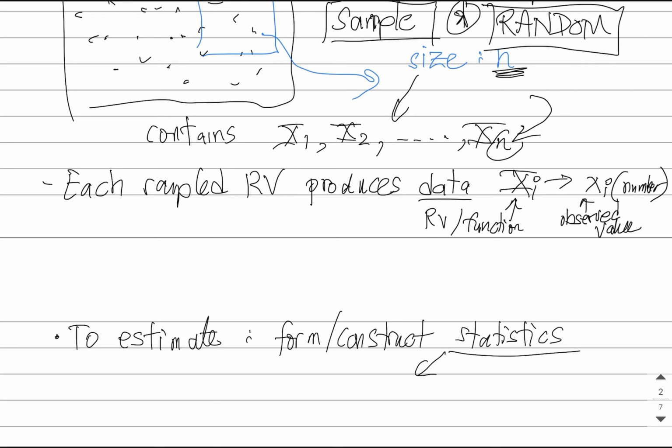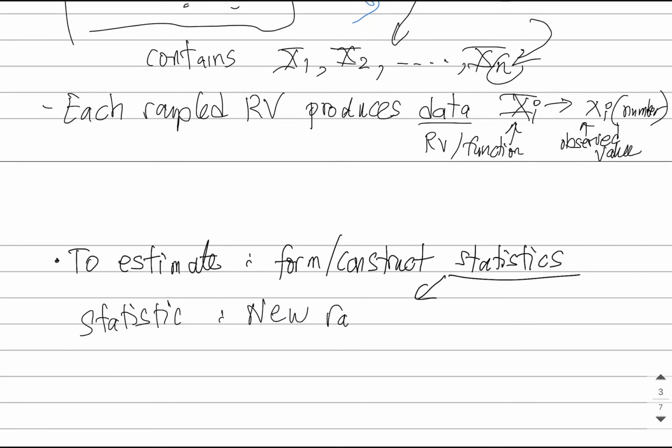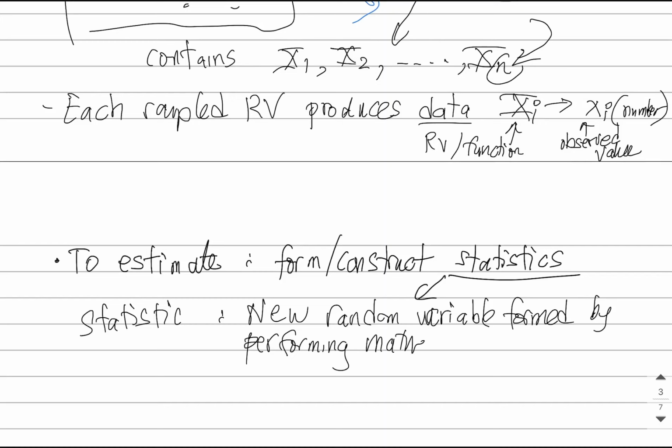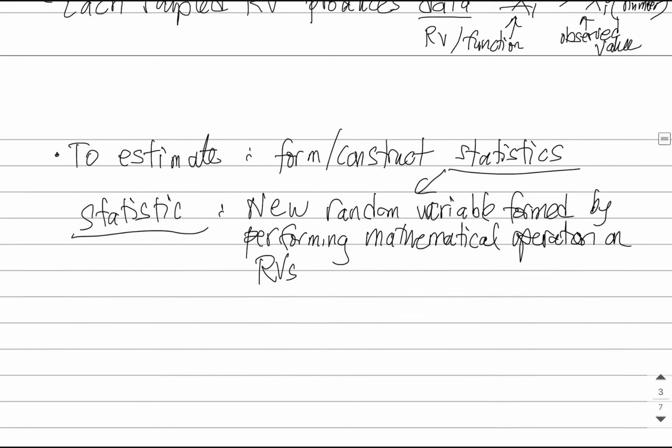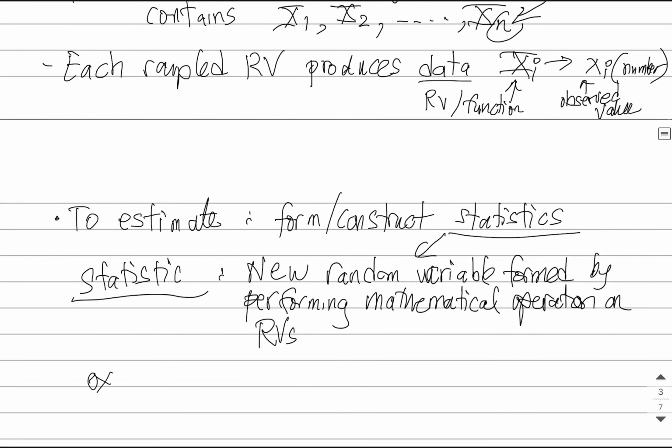What is a statistic? A statistic is a new random variable formed by performing some sort of mathematical operation on random variables. Now, the simplest one that we can think of here is the averaging. So the average is a statistic, X bar.